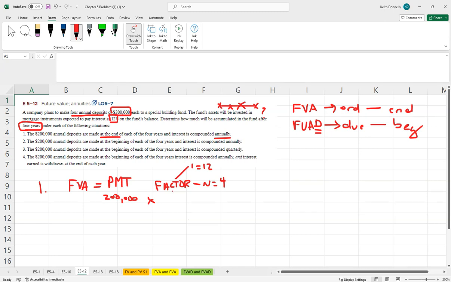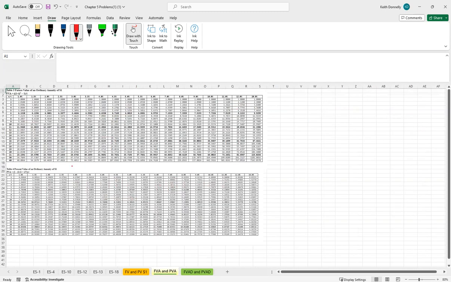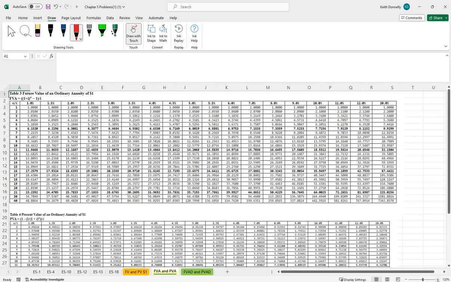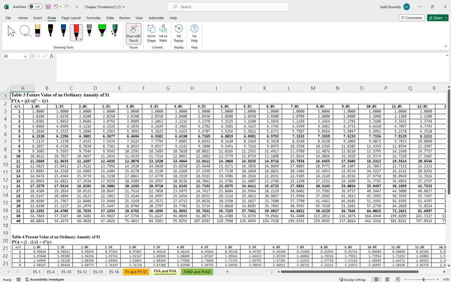So how do we do that, right? We got to get that number over here. Oh, okay, we're going to go to future value of an annuity. All right, future value of an ordinary annuity, right? We said it is 12%, the interest rate, 4 periods, 1, 2, 3, 4.